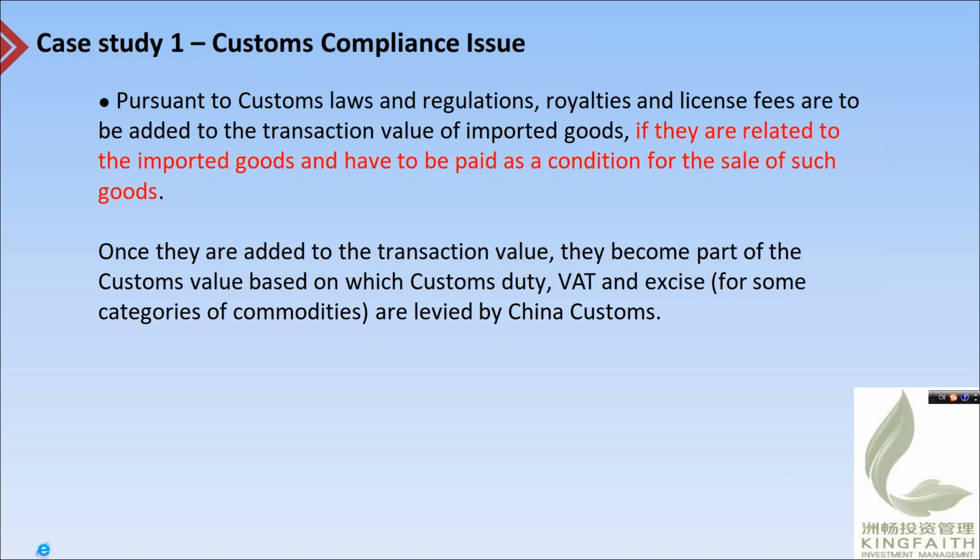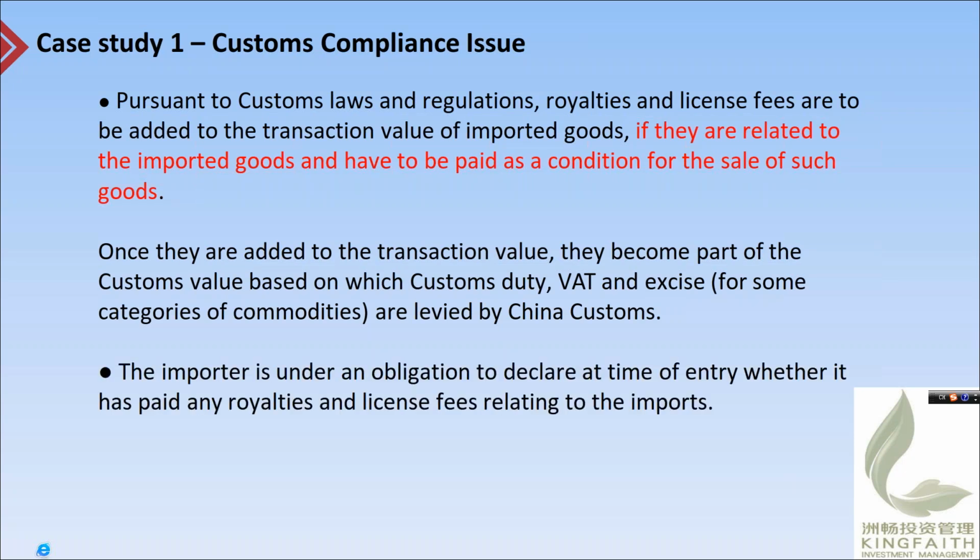The second point is that it's also a requirement by law that the importer has, as I just mentioned, to declare at the time of entry whether it has paid any royalties or license fees relating to the imports.